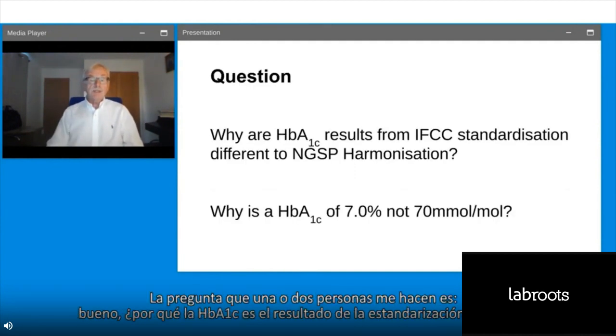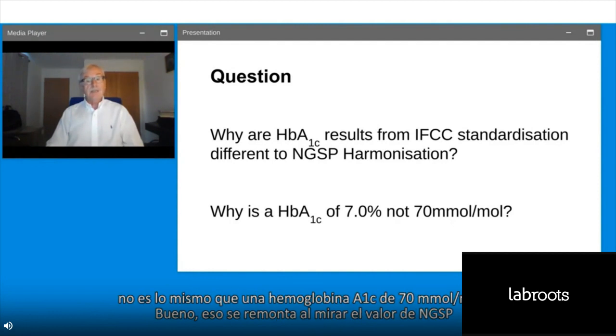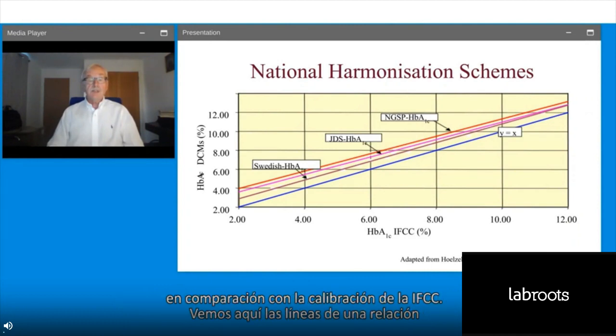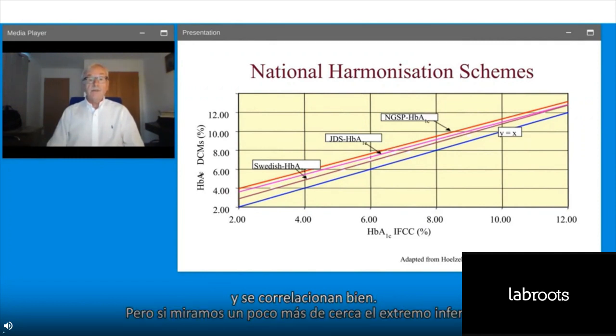The question that one or two people ask me as well is, why are HbA1c results from IFCC standardization different to those from NGSP harmonization? Why is a hemoglobin A1c of 7% not the same as a hemoglobin A1c of 70 millimoles per mole? Well, that goes back to looking at the NGSP value compared to the IFCC calibration. We see here the lines of a relationship between the NGSP, the Japanese system, and the Swedish system, and they correlate well.